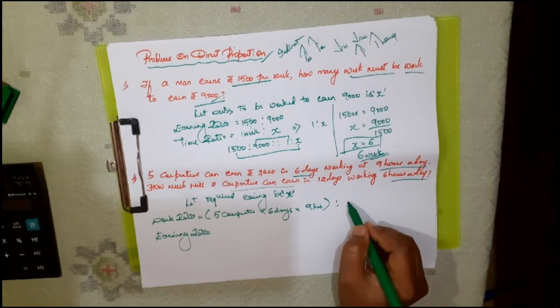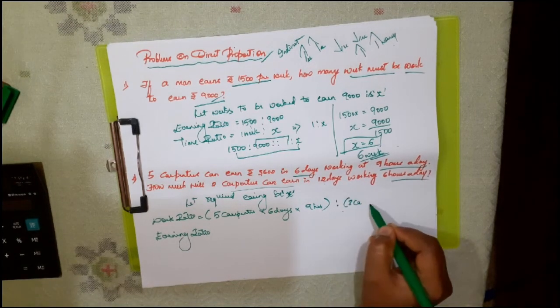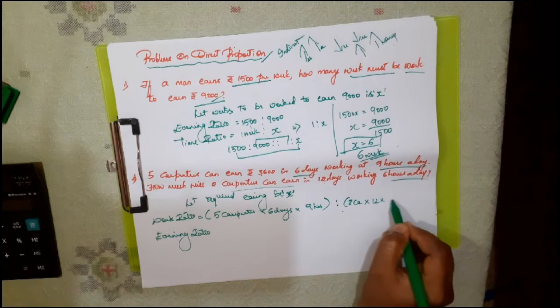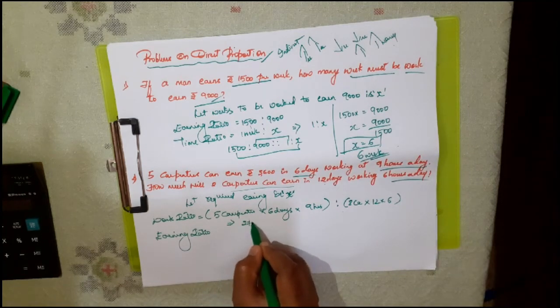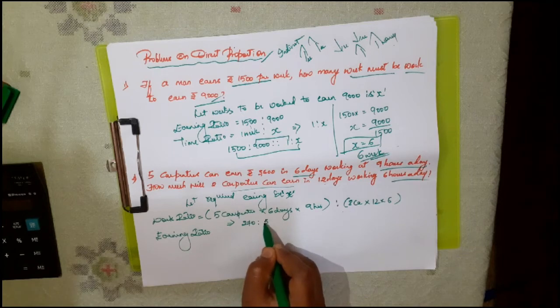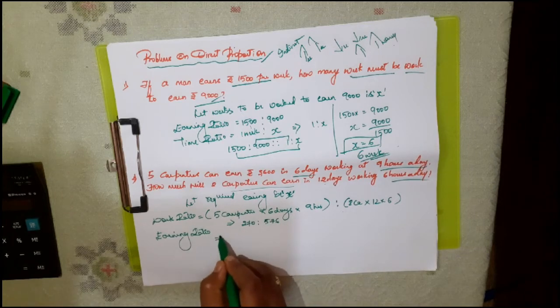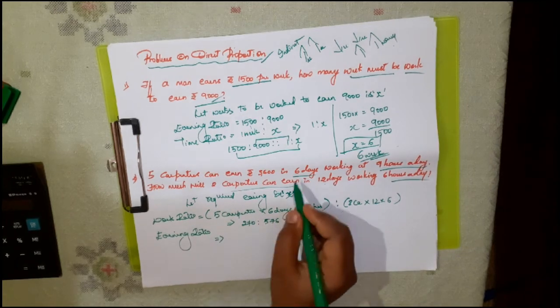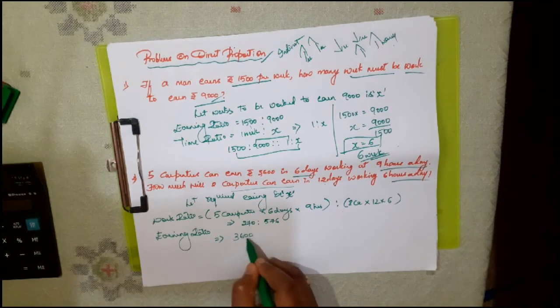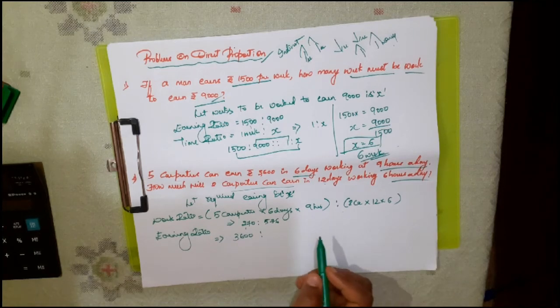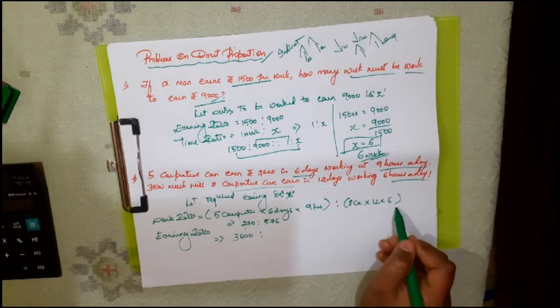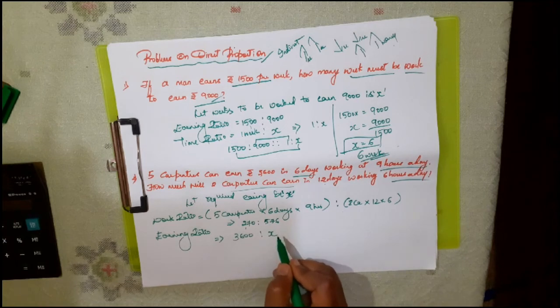This is 8 carpenters, 12 days, 6 hours, so you are getting 270 is to 576. The earning ratio: he is able to earn 3600 with 5 carpenters, 6 days and 9 hours, and for 8 carpenters, 12 days, 6 hours, how much we don't know, assume that as X.